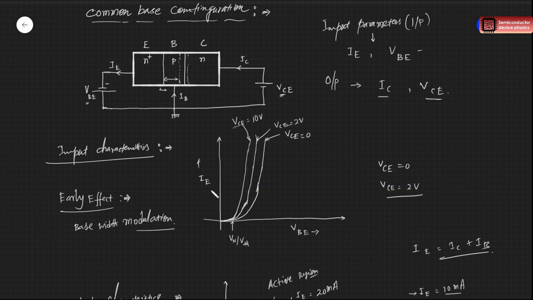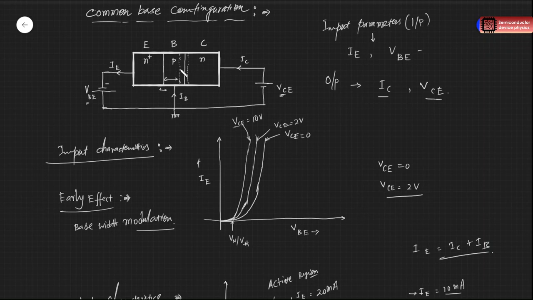So if you plot the base current even in the common base configuration, you will see that IB is reducing, but we are seeing only the emitter current. The emitter current will increase because the electrons injected into the base can easily get transported into the collector region, as this width is less.